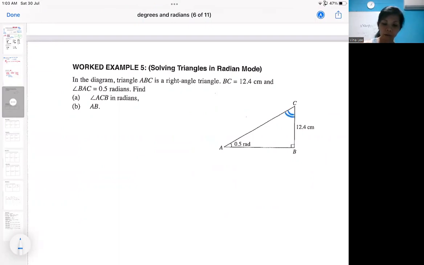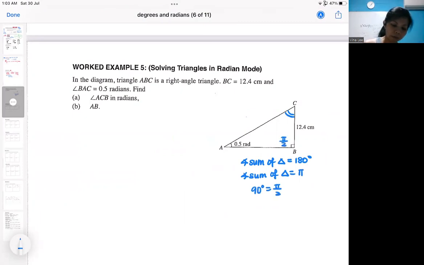If I want to find this angle, it's just the angle sum of a triangle. But right now, your angle sum of a triangle is not going to be 180 degree. If I'm going to do it in radian, then it has to be pi, and the 90 degree is supposed to be pi over 2. So if I would like to find this angle in radian, my angle sum has to be in radian, which is pi.